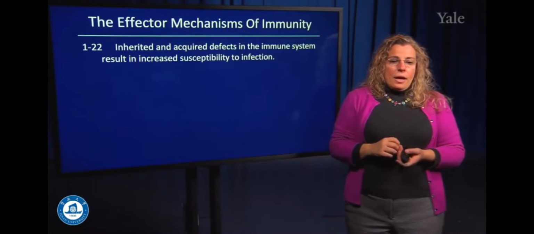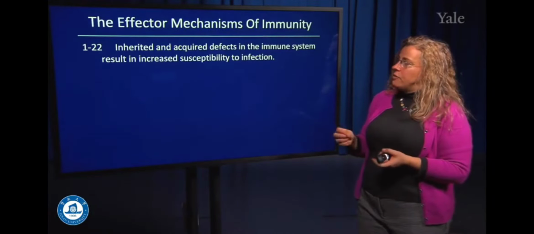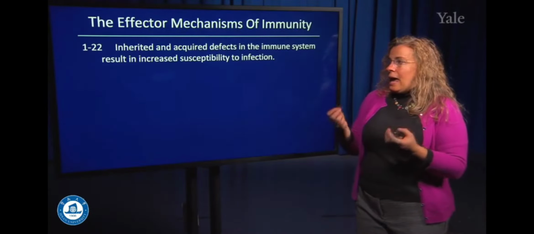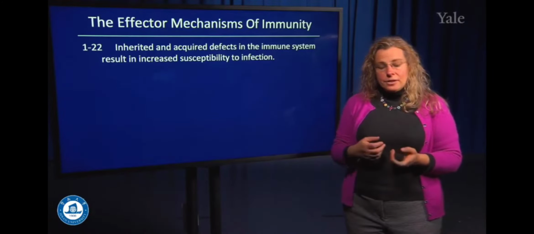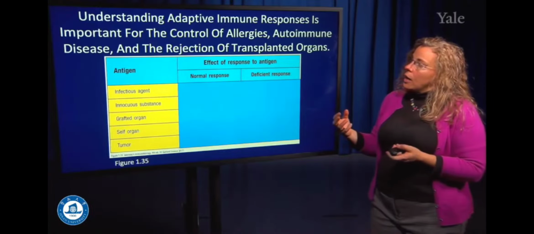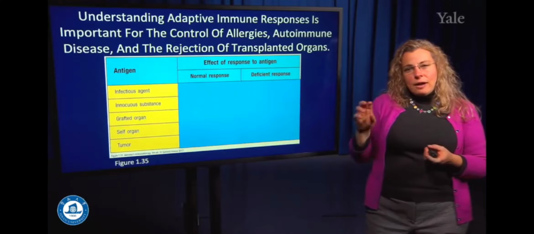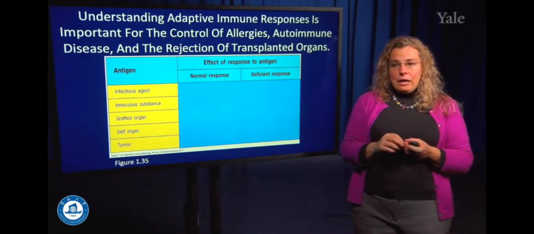Okay, so back to inherited and acquired defects in the immune system and what that could mean for susceptibility to infection. So, in order to understand that, you have to understand that the adaptive immune system, once it's activated, wants to always be turned on.